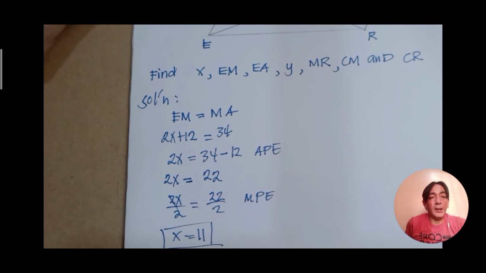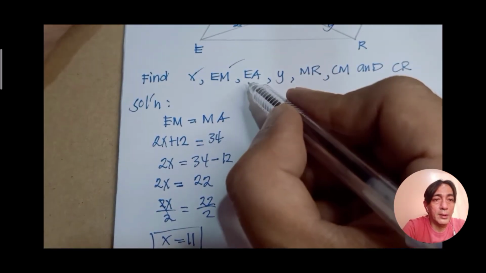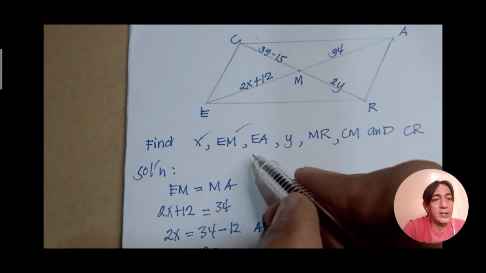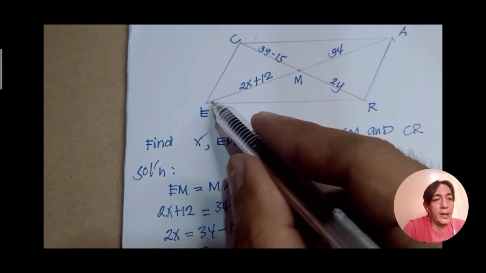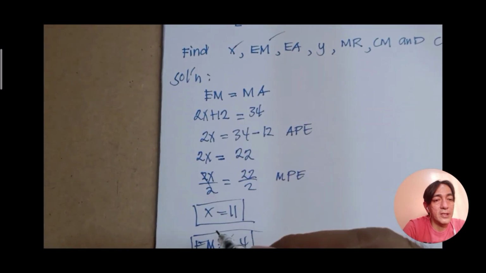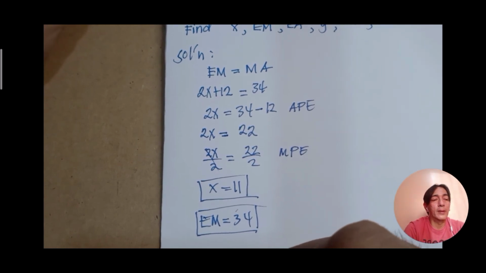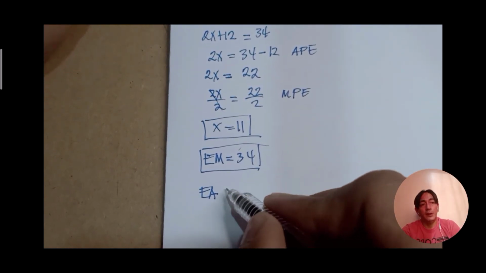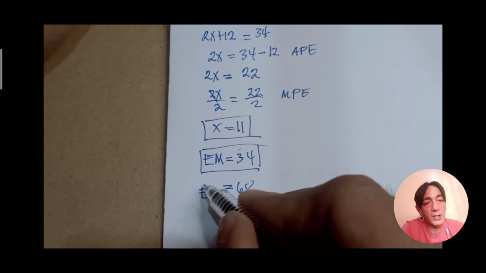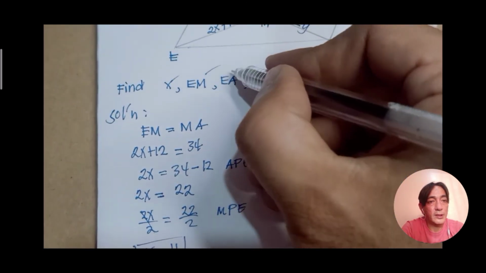Yung EA naman is the whole diagonal. So 34 plus 34 will be 68. So EA will be equal to 68. Yan. Okay, so alam na natin yung EA.